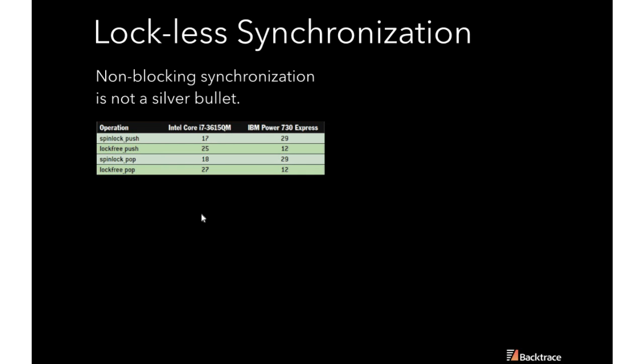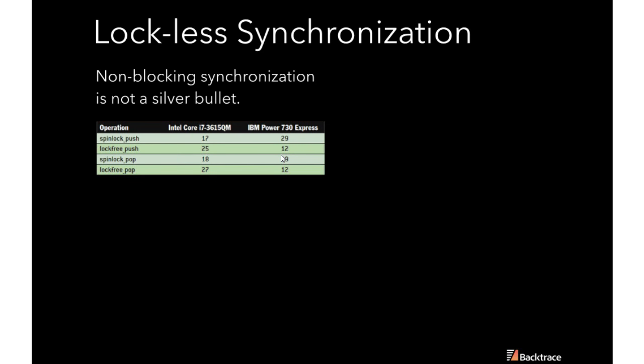That's because the spin lock-based stack relies on a very cheap atomic operation on the fast path, and it's one atomic operation. On the other hand, the lock-free stack requires a much more complex compare exchange instruction. So you end up having to spill a lot of things from registers to memory, and there are just more serializing operations on the fast path.